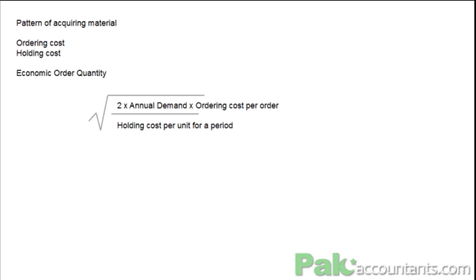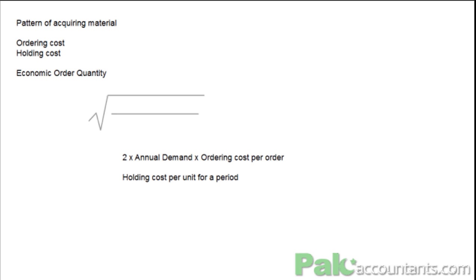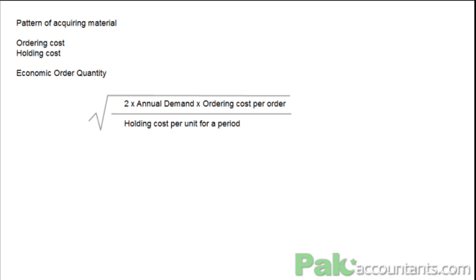Now that period can be 1 year, can be 1 month, it depends, but it will be the cost for 1 unit. Let me extend it a bit. Here you have: 2 annual demand, ordering cost per order, and holding cost for a period, or simply holding cost per unit.